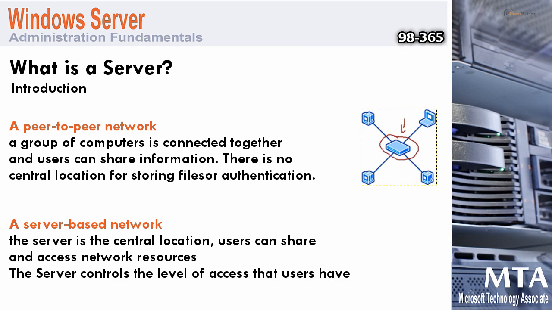Now, the idea for a peer-to-peer network is that you have a group of computers, a group of devices. They can see each other, they can talk to each other. However, there is no server, there is no central location for things like files, authentication, printers, access, remote control, and so on.